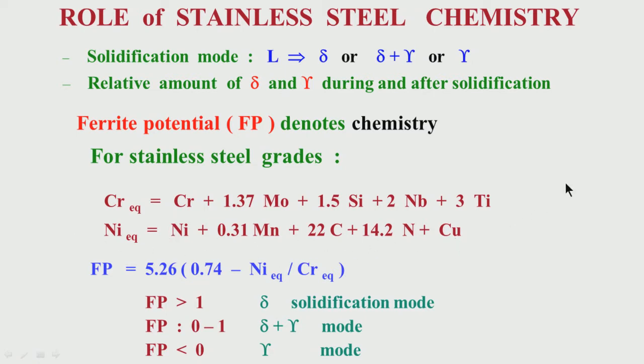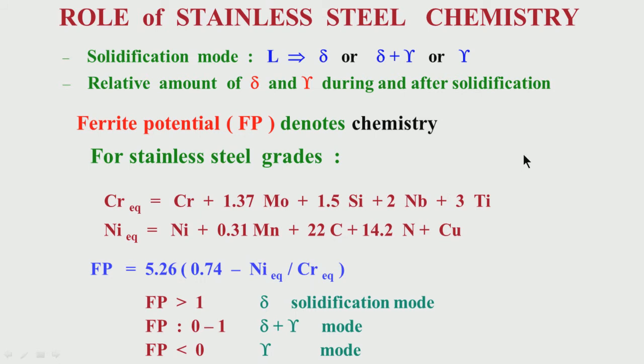Since chromium and nickel are the two important alloying elements for stainless steel, all the alloying elements have been divided into two broad categories. If they are ferrite stabilizers, they are put together to find the chromium equivalent. If they are austenite stabilizers, they are put together along with nickel, because nickel is the austenite stabilizer and chromium is the ferrite stabilizer.